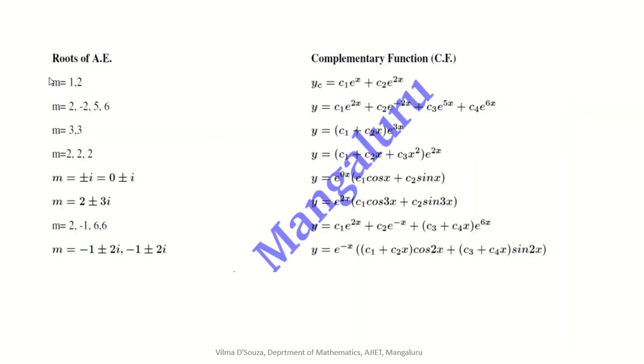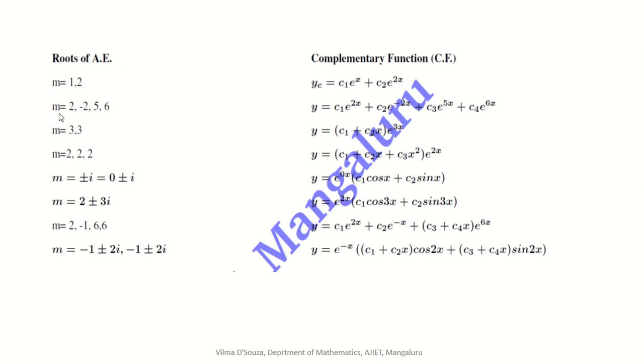Suppose the roots are 1, 2. You have two roots, 1 and 2. What is your CF? Corresponding to the root 1, c1 into e power m1 x. What is m1 here? 1. So c1 e power x plus, corresponding to root 2, c2 e power 2x.